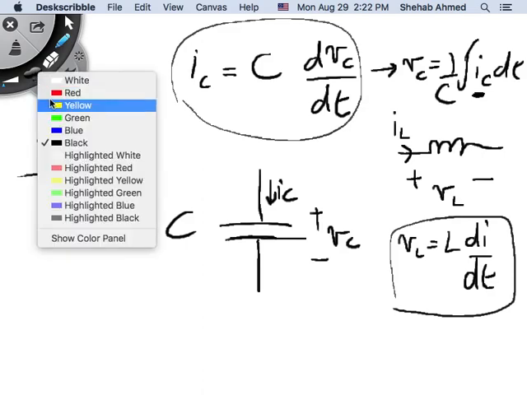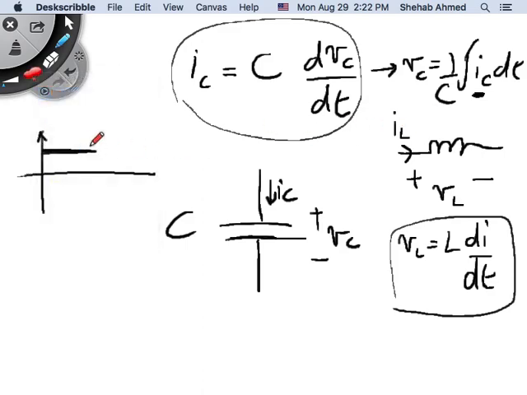So if this is the current, then the voltage across the capacitor will look like this. When you're pushing this current into the capacitor, this will be the voltage across the capacitor. So do you want the voltage to look like this? You don't want the voltage to change. So you're going to be smart about what current you put into the capacitor.